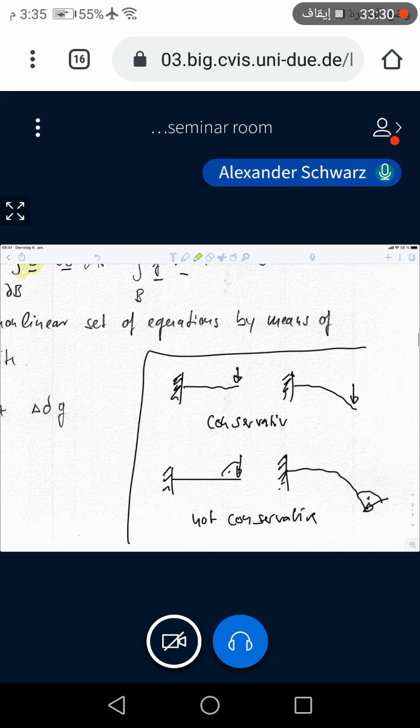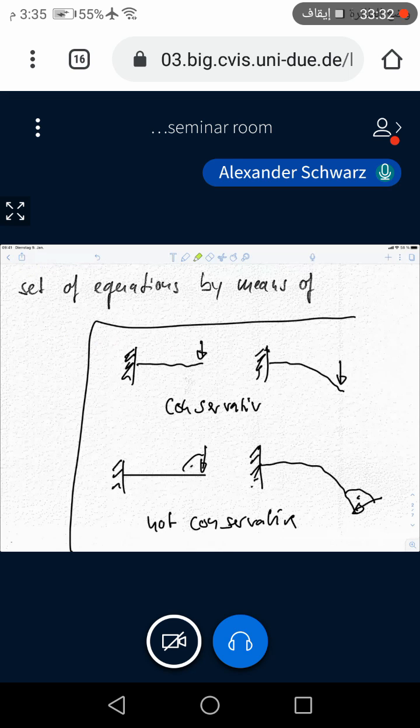In the first case, the load stays straight: it is 0 minus 1 here, and also 0 minus 1 here, so the load is not affected by deformation. In the second case, the load is 0 minus 1 here, and 0 minus 5 there.